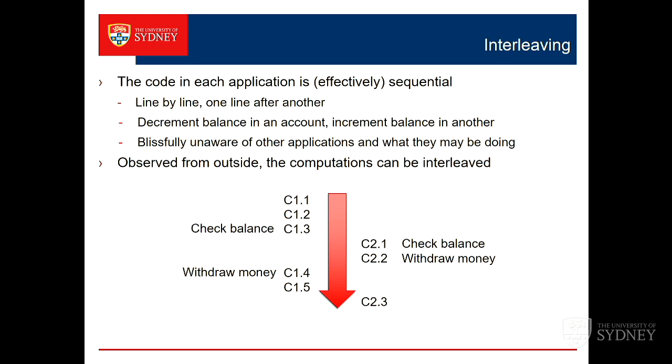And I want to be blissfully unaware of what anyone else is doing at the same time. But I've got two transactions here, two operations, C1, C2, they're a little bit different. But they're operating on the same account.